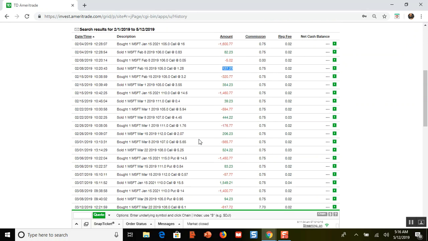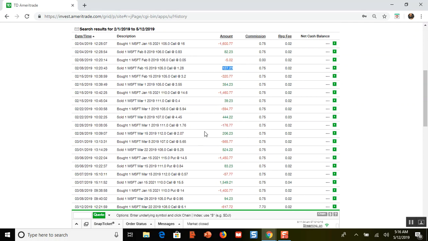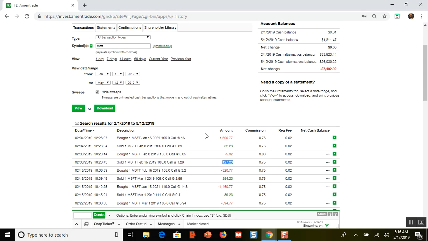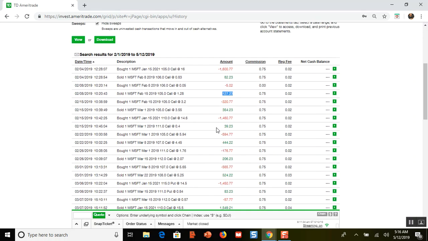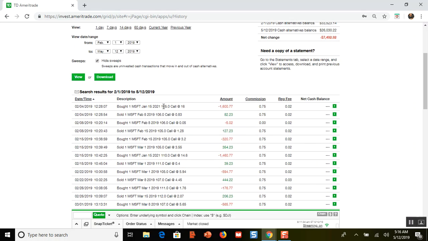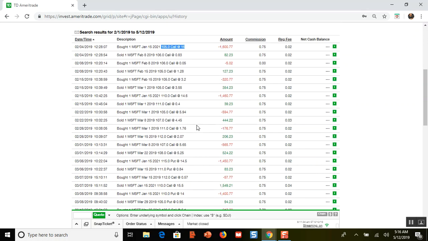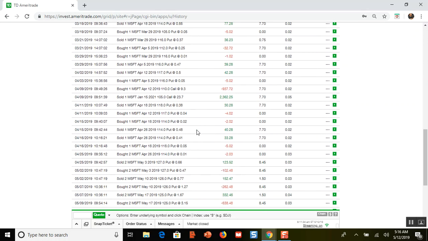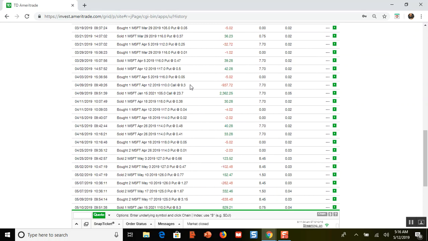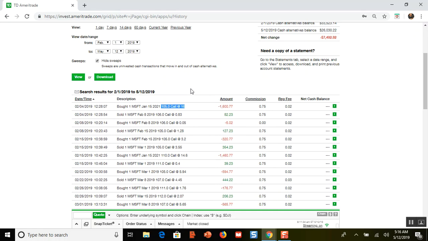Eventually I bought some puts because I thought Microsoft was going to go back down, and I ended up selling the call. And get this, this 105 call that I bought to open, somewhere down here I sold to close the call spread, and I lost money on it, which I will explain in a minute after I get done talking about all this.